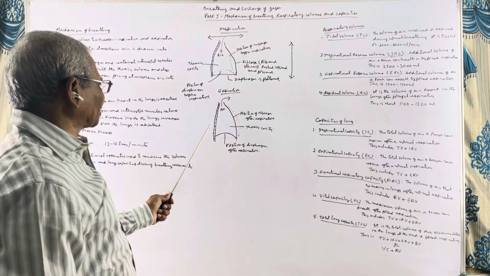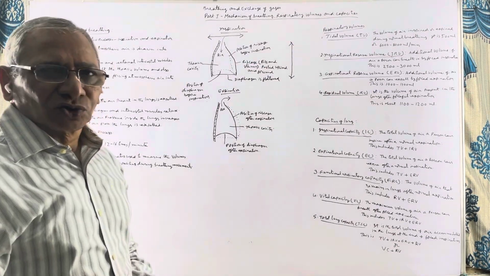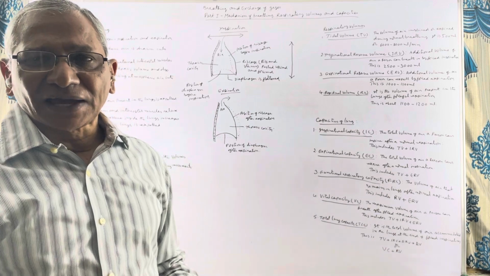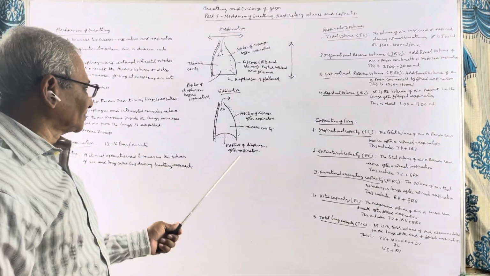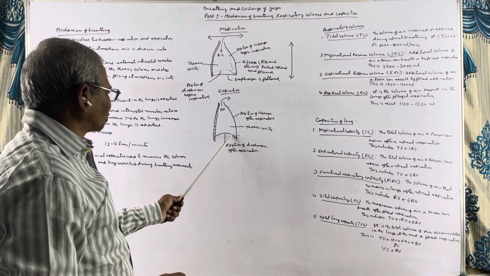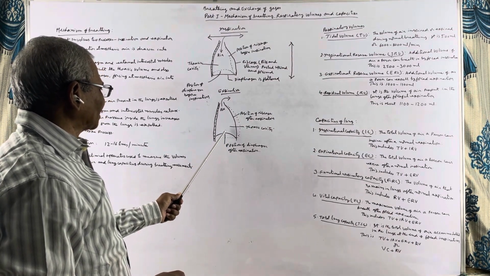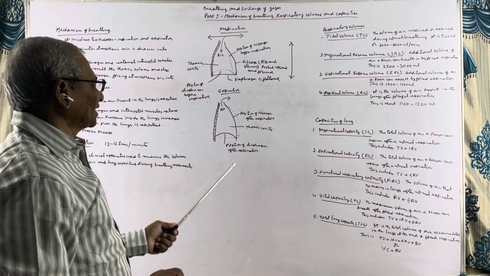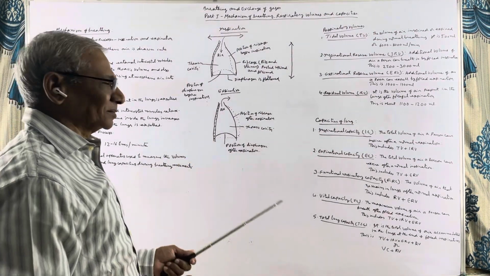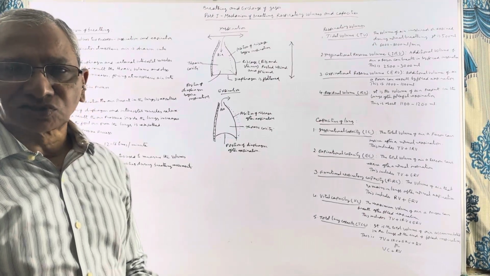Then, expiration takes place. During expiration, what happens? The muscles of the diaphragm relax. As a result, the diaphragm again acquires dome shape, and the thoracic cavity decreases in the antero-posterior direction. At the same time, the intercostal muscles also relax.